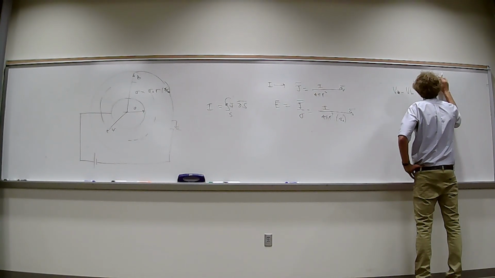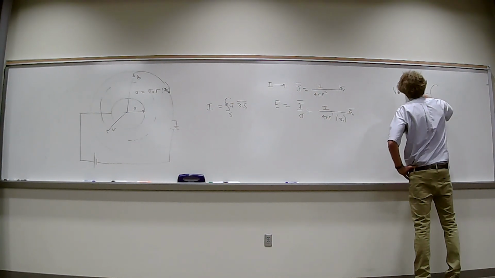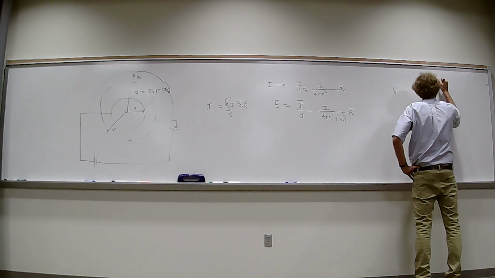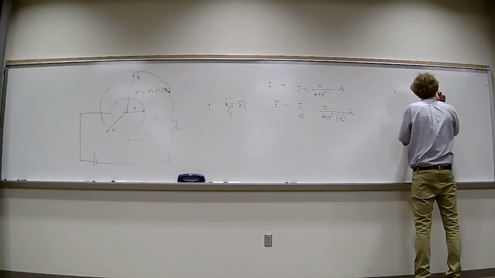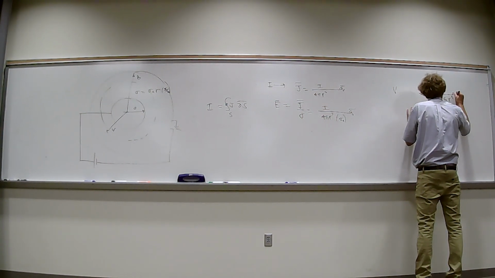Actually, I did it wrong. What I'm going to do is just put it this way. That way you won't get confused. From A to B of the E field, which is this, and that's I over 4 pi sigma naught, r cubed, a_r dot.